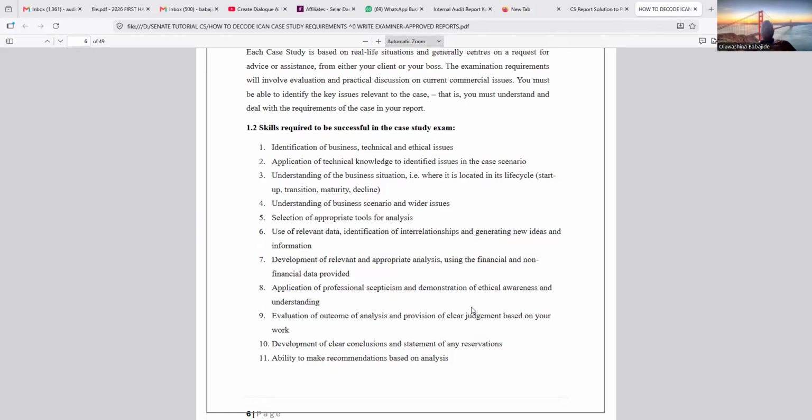Then you also demonstrate any ethical awareness you are seeing in that particular case given to you. So you let them know that you understand what you are saying. As a professional person, you need to have a stand, and your stand should be that you deal with things as a professional. You are dealing with the case study as a business ethic.